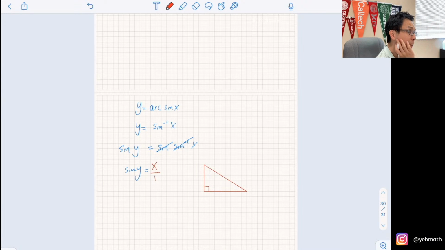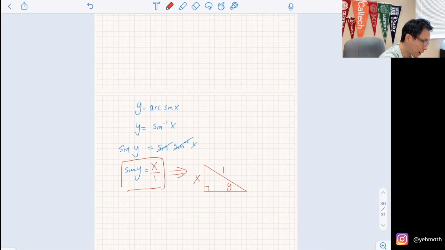So if you have this situation, it leads to a right triangle with the angle y, with the opposite side being x and the hypotenuse being 1. Does this make sense? If you have that ratio, you will have a right triangle with y as an angle, opposite x, hypotenuse 1.